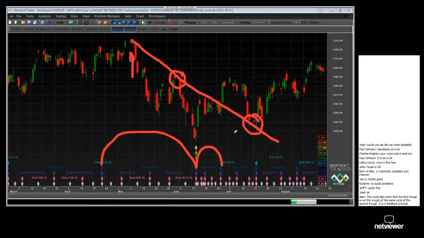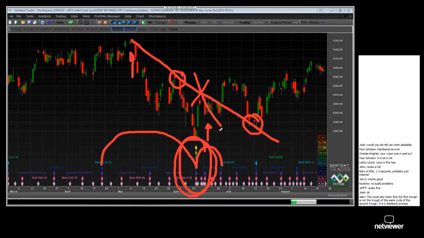So this could be a valid trend line. However, there is a third rule which applies only to downward pointing valid trend lines, such as this one here, which is that in between the two peaks between which the trend line was drawn, in between this peak here and this peak here, there cannot have been a trough of a longer cycle.